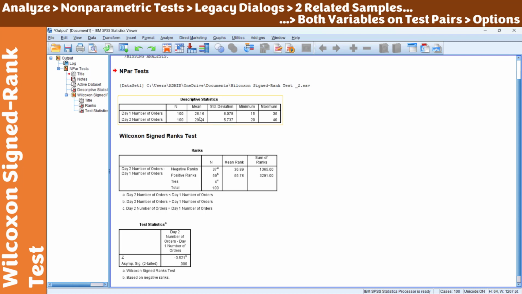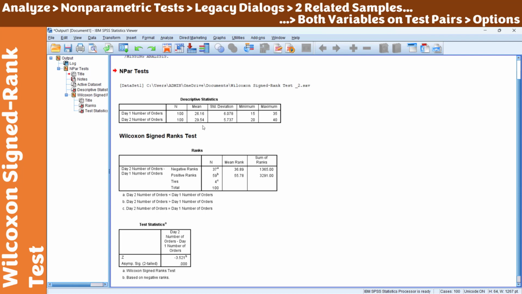You would see a slight increase for day 2 on the same 11 to 12 rush hour for the same 100 branches, 29.54. This is the average number of orders serviced for all 100 branches for day 2 after a change is implemented.